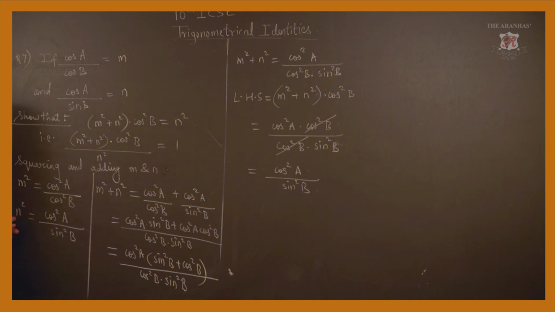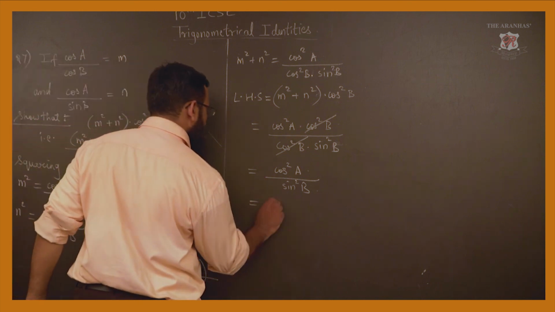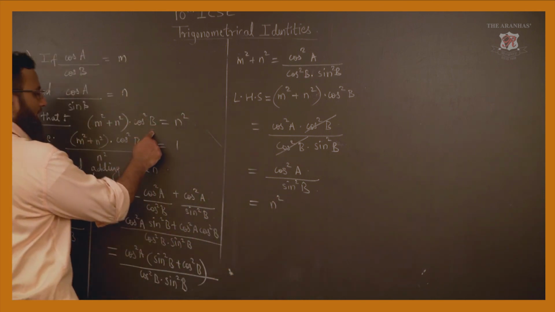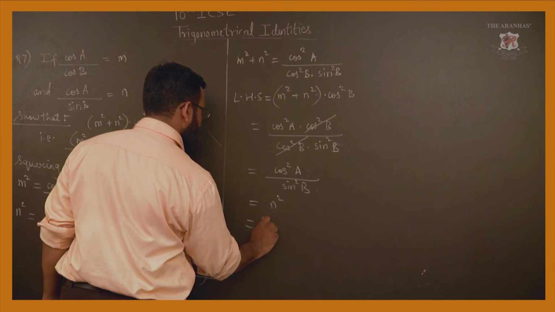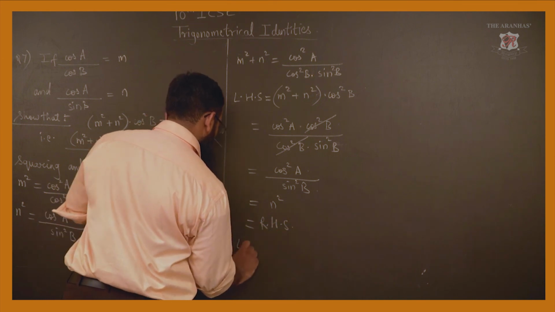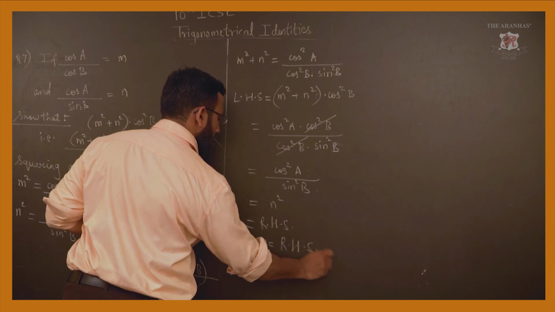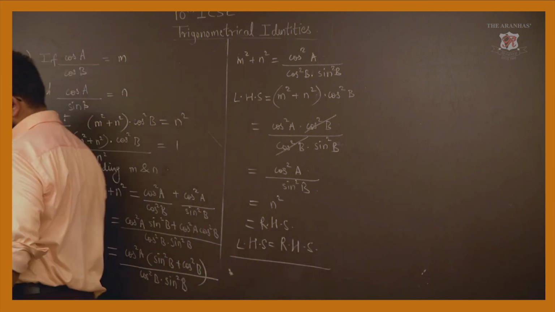Cos square A upon sin square B is n square, and this is your RHS. So again, LHS is equal to RHS, hence proved.